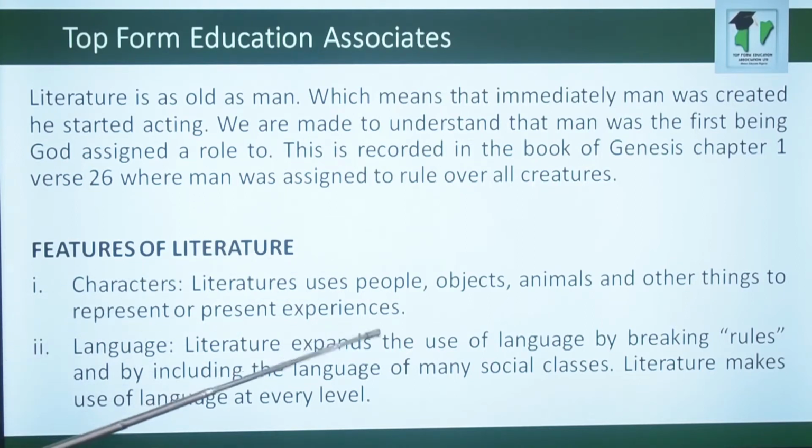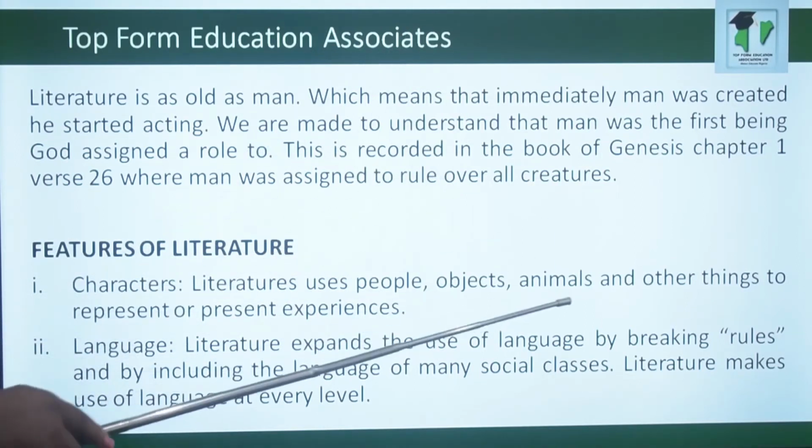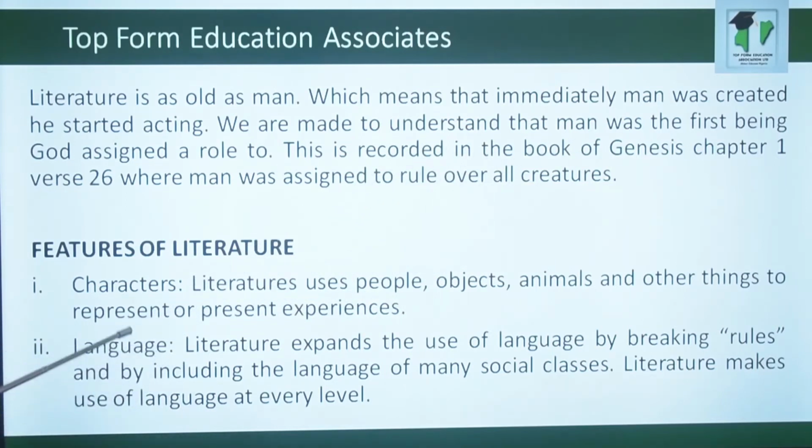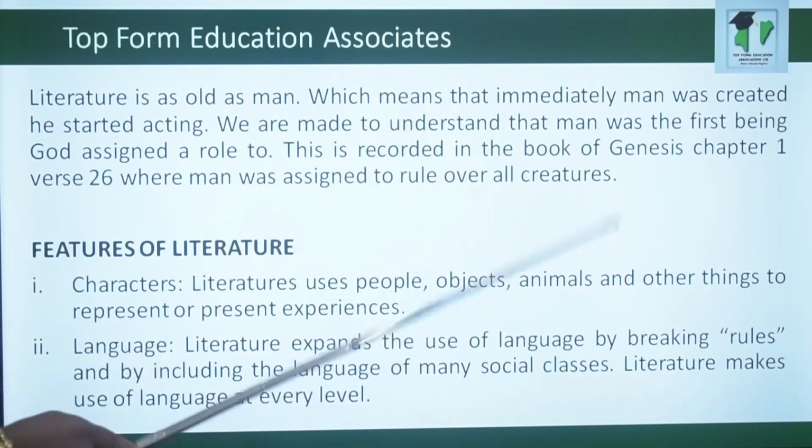Literature uses people, objects, animals, and other things to represent or present experiences. You cannot do literature or write literature or think of literature without making use of people, objects, animals and other things to represent or present experiences.